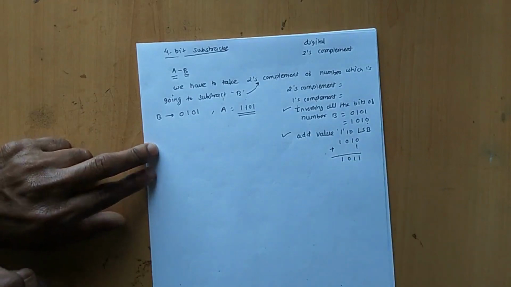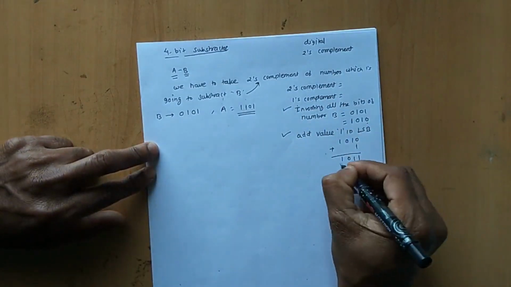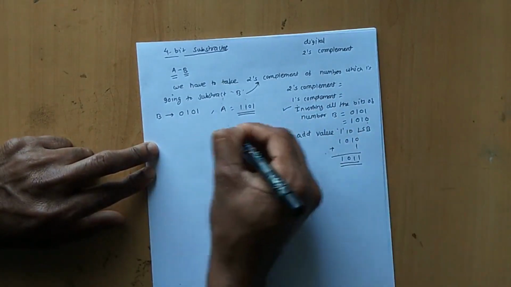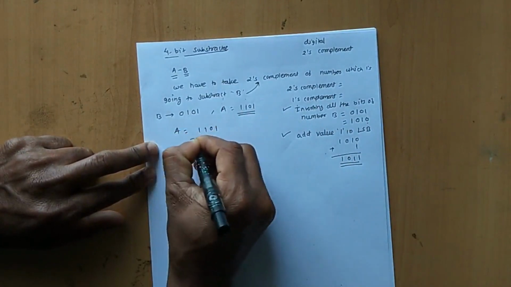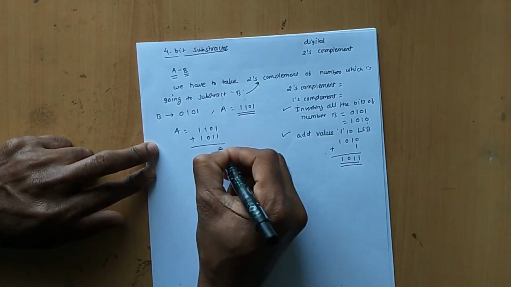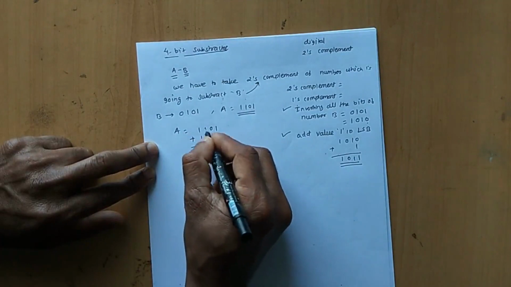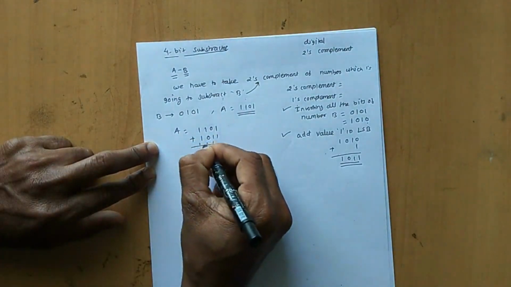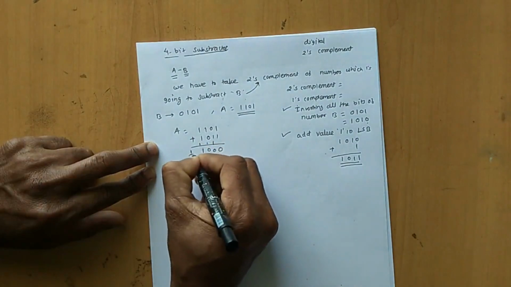In this way we can perform a 2's complement, and after getting the 2's complement result, this number is added with the number A, like 1 1 0 1 is added with 1 0 1 1. So 1 plus 1 is 0, carry 1; 1 plus 1 is 0, carry 1; and so on, and the final carry is 1.